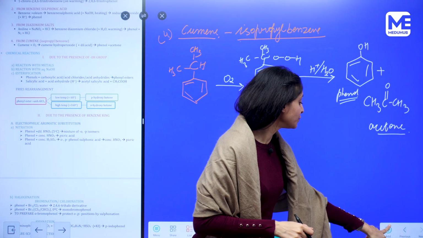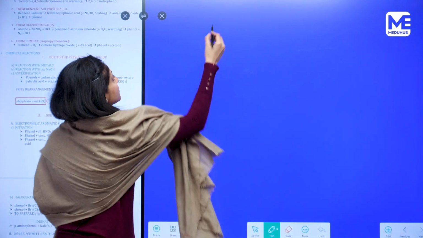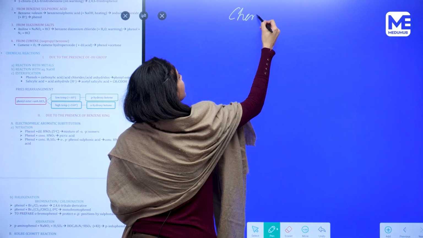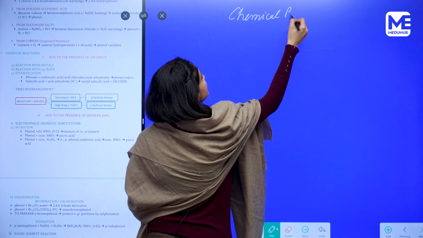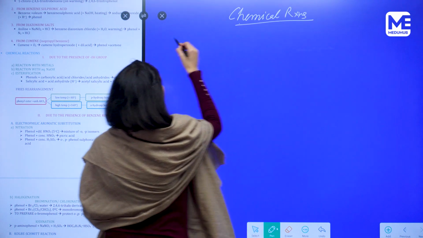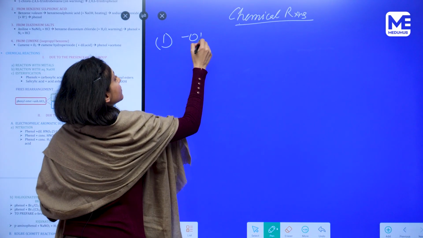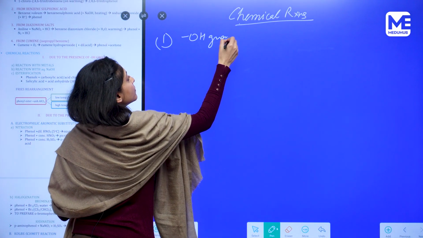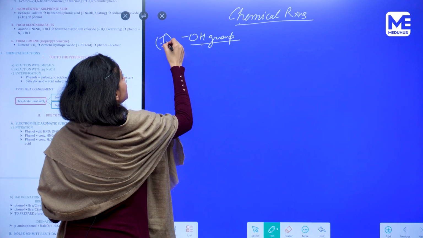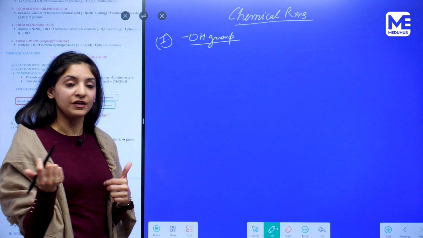Now we need to move on to the chemical reactions of phenols. The chemical reactions can be broken down into two categories. One which is due to the presence of the OH group. The first two we have already studied in acidity of phenols.